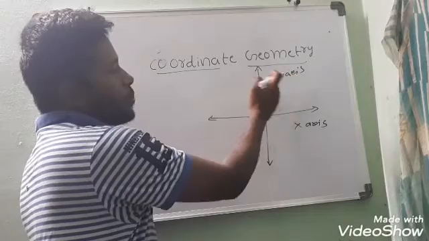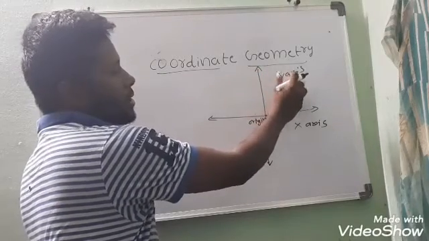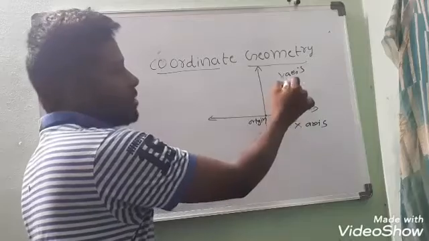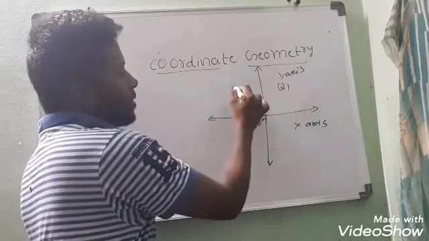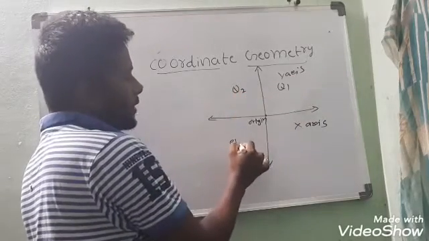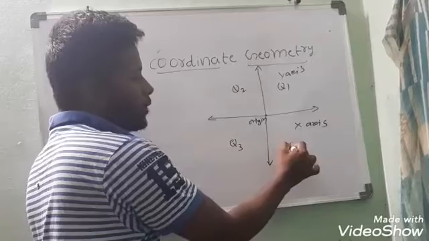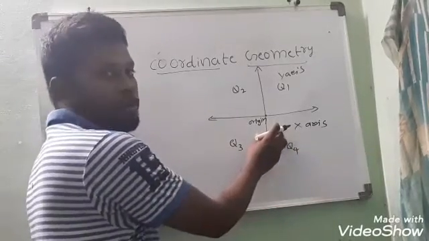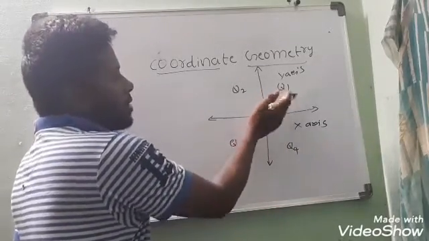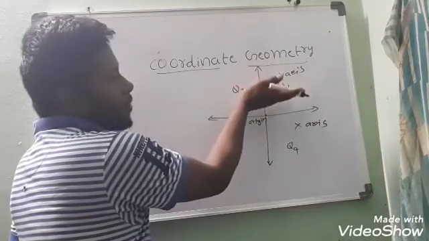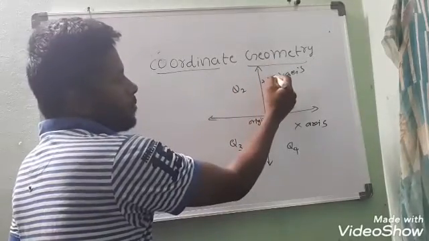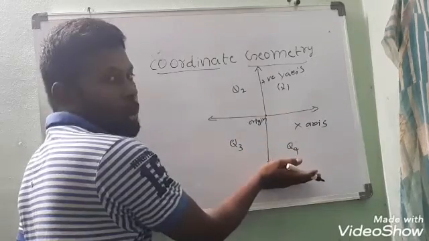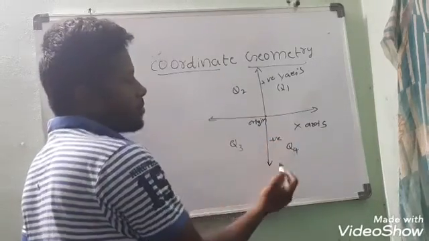So here we can see four parts. This is called a quadrant. Actually, we have four quadrants: first one is Q1, Q2, Q3 and Q4. And one more thing, the upper part of the y-axis is positive, the down part is negative.